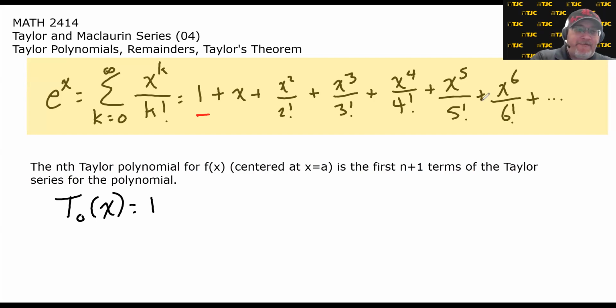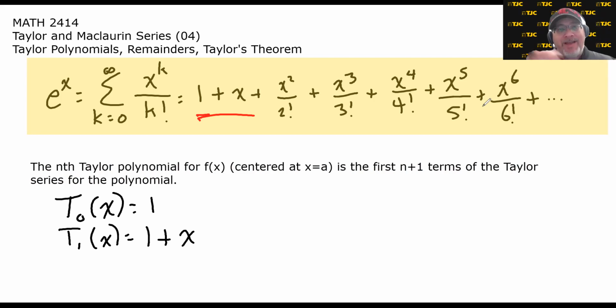But if we wanted the first Taylor polynomial, we would have to go to the 1 plus 1 or 2 terms. So we would go all the way out here. And our first Taylor polynomial for e to the x centered at 0, which in this case could also be called a Maclaurin polynomial since our Taylor series was centered at 0, is 1 plus x.